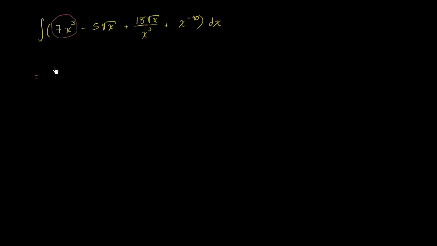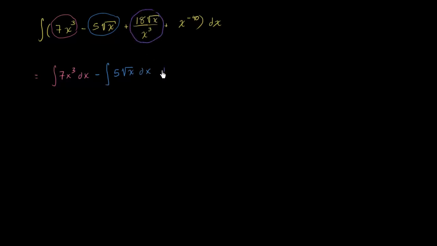So this is going to be equal to, we could look at this term right over here and just take the indefinite integral of that, 7x to the third dx. And then from that, we can subtract the indefinite integral of 5 times the square root of x dx. And then we can look at this one right over here.